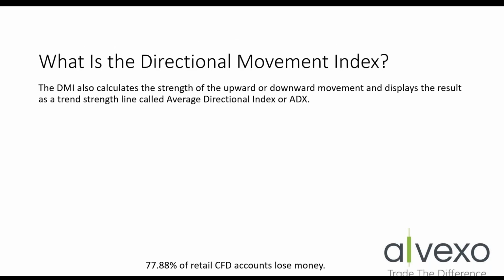Okay, now how do you get that? The DMI also calculates the strength of the upward or downward movement and displays the result as a trend strength indicator line called ADX, or average directional index.